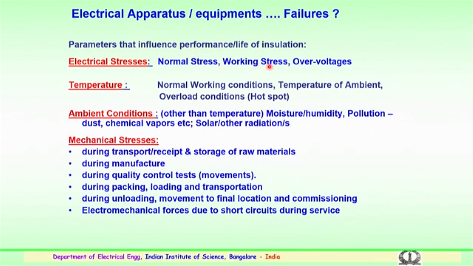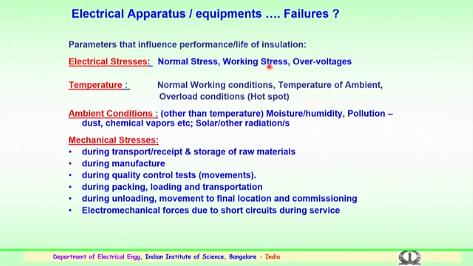Working electrical stresses could be slightly different when compared to the normal working stresses. This could be because of switching, changing of loads, addition or reduction of loads. This stress the insulation has to withstand, and sometimes overvoltages. Overvoltages we have discussed.